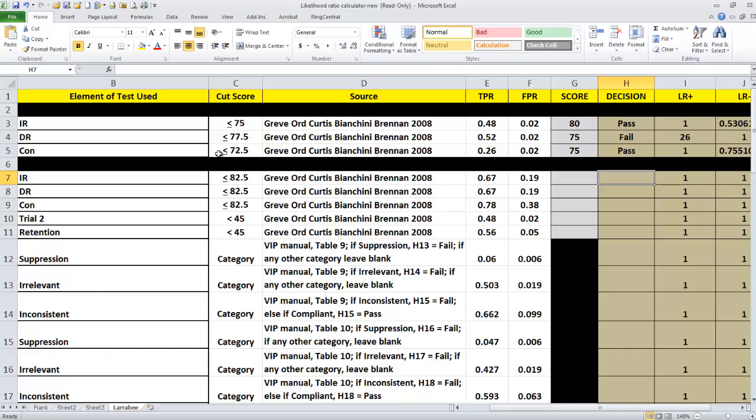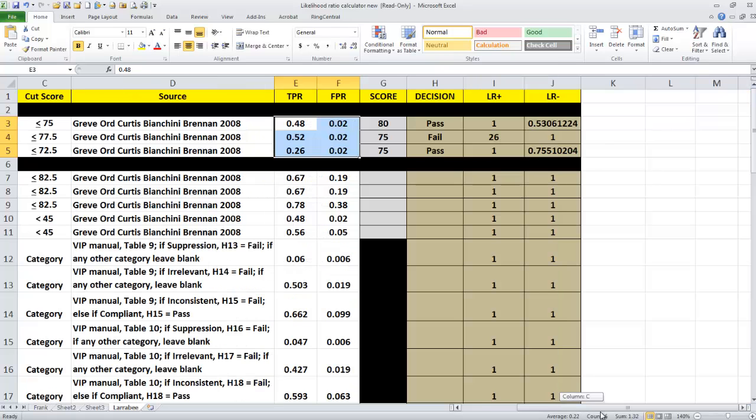You have to come up with the cut scores that you're going to use. You're going to have to come up with the true positive rate and false positive rates. You're going to then enter your scores as a way to show how you made your decision. Here's your decision. 80 is greater than 70. That's a pass. 75 is less than that. That's a fail.